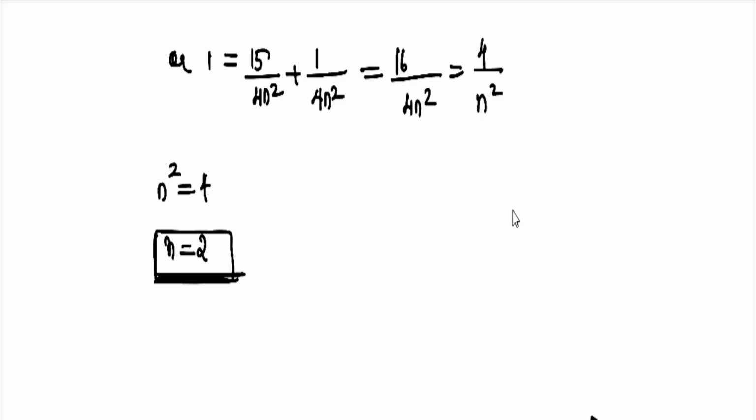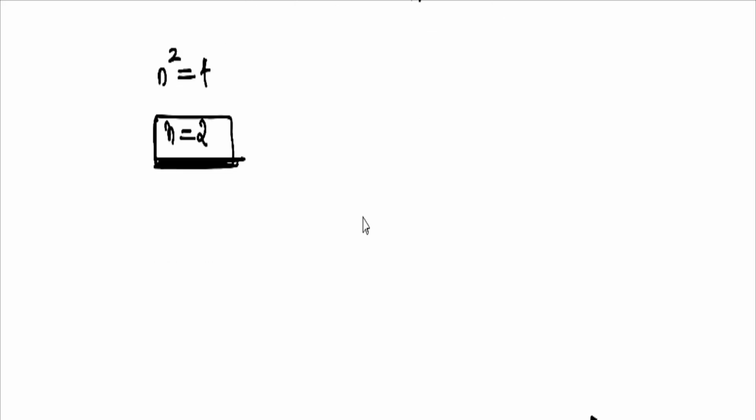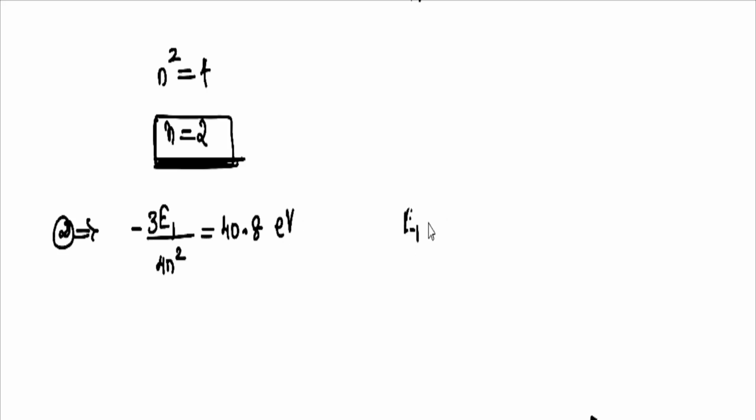Okay, next our aim is to find Z. To find Z, we can take equation number 2. What is equation number 2? Minus 3E1 divided by 4n square equal to 40.8 electron volt. And we know that E1 is equal to minus 13.6 Z square.